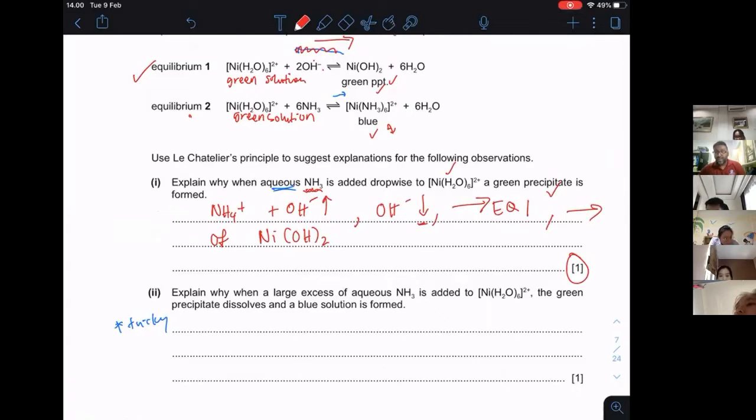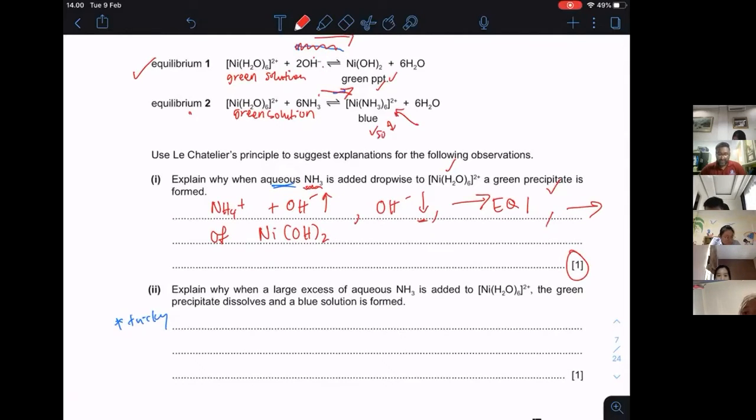The answer is no. When you are using a lot of excess ammonia, the concentration of ammonia is going to be increased, so the position of the equilibrium will be shifted to the right. So when it is shifted to the right, you are going to form more of this. Do remember, blue solution, more of this.